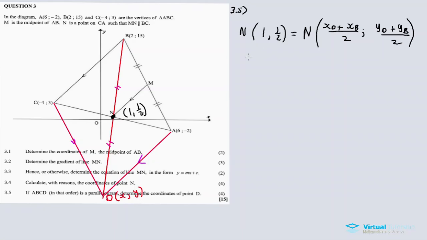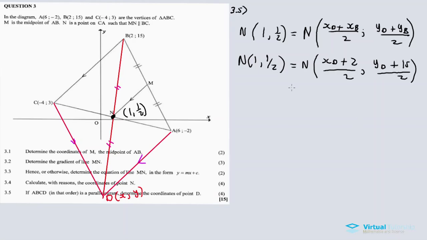So N is equal to xd, which we don't know, plus xb which is 2, divided by 2, and yd is unknown, plus yb which is 15, divided by 2.